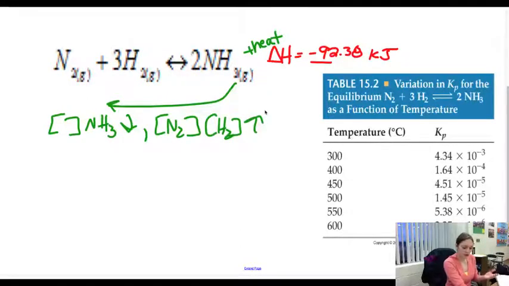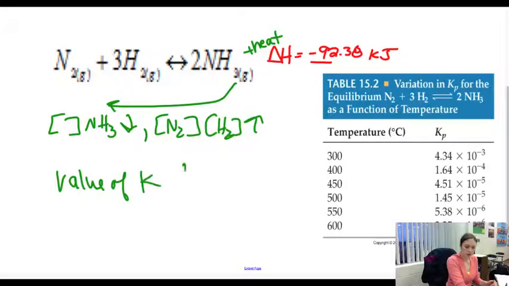Well, if my products go down, my reactants go up, my value of K is going to go down. That's what we see. Okay, my temperature goes up, I'm adding more heat, my K values go way down, 10 to the negative third, 10 to the negative sixth. Think of energy as whether a product or a reactant, and they have to tell you what that is based on whether it's positive or negative.